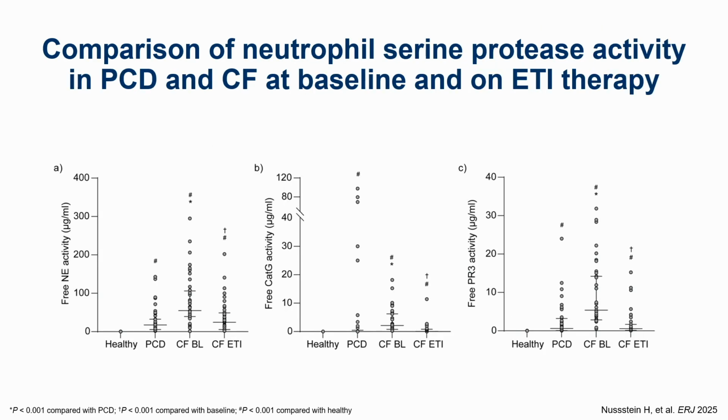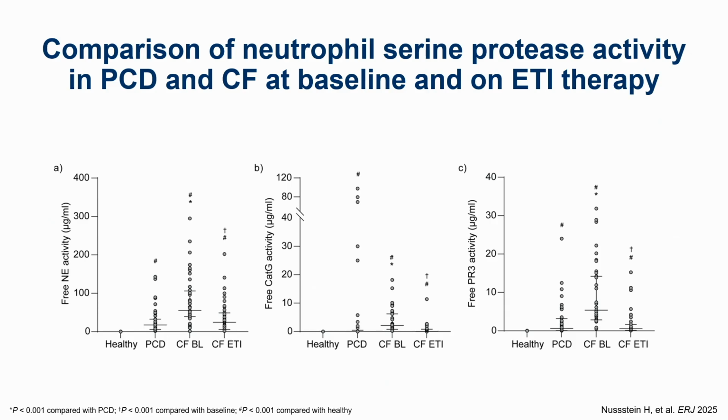And then we also measured neutrophil serine protease activities, including neutrophil elastase activity on the left, free cathepsin G activity, and also proteinase 3 activity. As you all know, especially NSPs and their antiproteases, the imbalance is a key risk factor implicated in the initiation and progression of lung disease, both in PCD and CF.